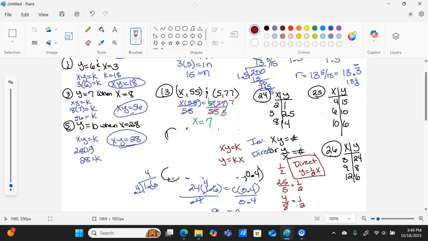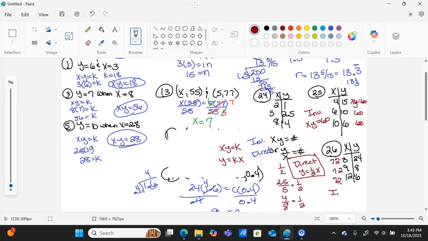25, we're going to do the same thing. Is it inverse? 4 times 15 is 60. xy equals 60. 6 times 10 is 60. 10 times 6 is 60. So this is inverse, and it is xy equals 60. 26, 3 times 24 is 72. 9 times 8 is 72, and 12 times 6 is 72.